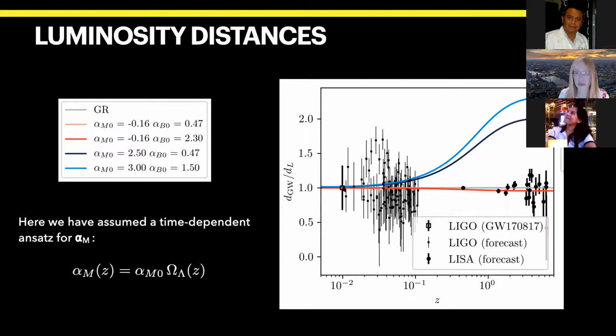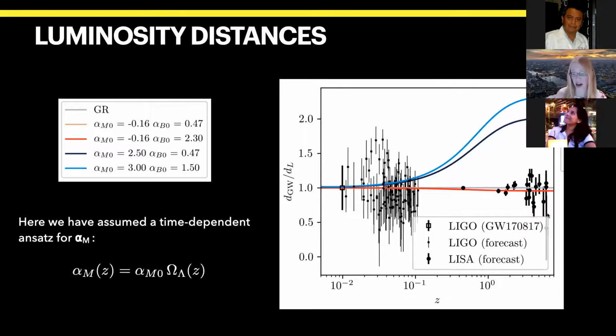Unfortunately, that event was at really low redshift, too low to be sensitive to the slip in these different distances. These small points here are a sample of 100 mock events for things like GW170817 that could be detected over the next 5 to 10 years. And it's really these points I'm interested in.